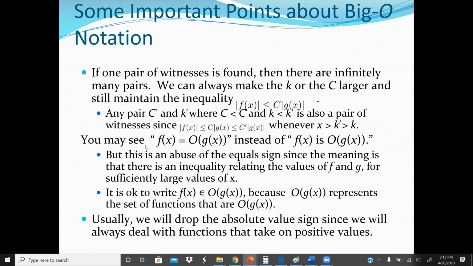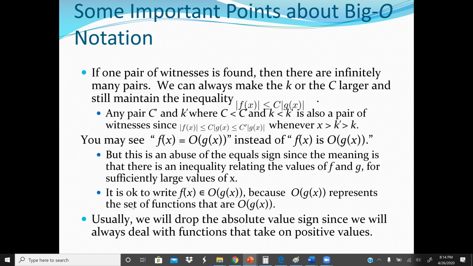So here we may see f(x) equal to big O of g(x) instead of f(x) is big O of g(x). So this is an abuse of the equal sign, since the meaning is that there is an inequality relating the values of f and g for sufficiently large values of x.